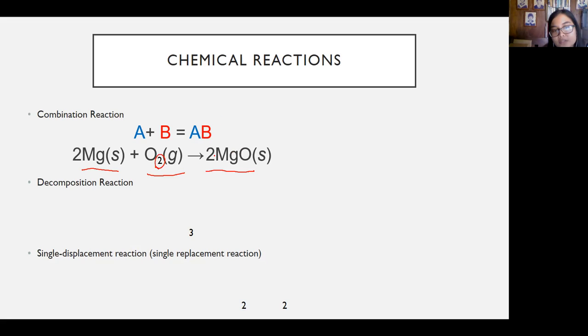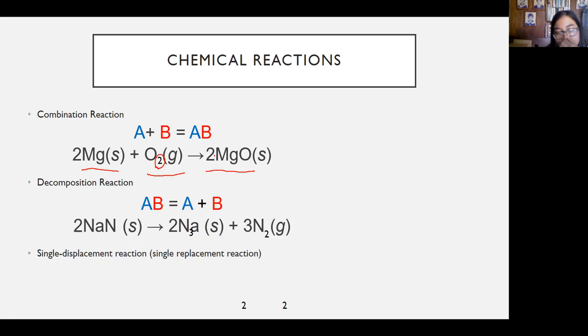So for the decomposition reaction, we have here AB is equal to A plus B. So ang example niya ay ito. So dito, 2NaN3 will yield 2Na plus 3 nitrogen gas.